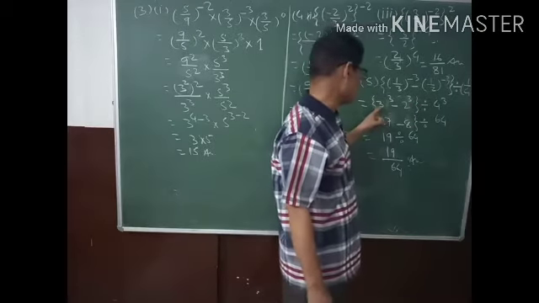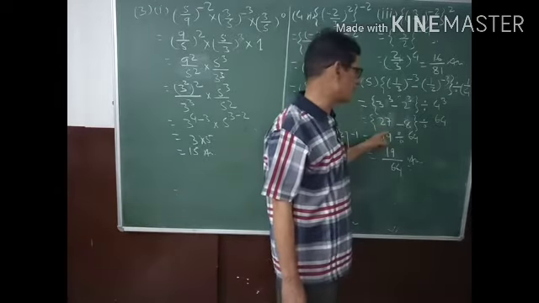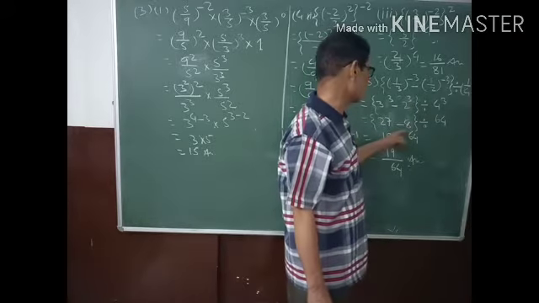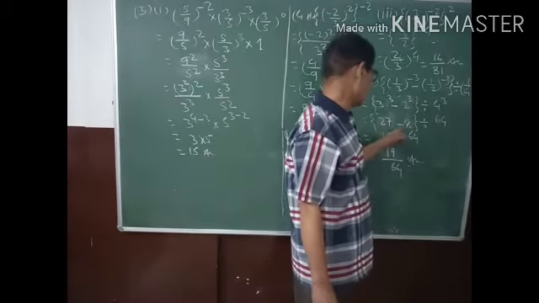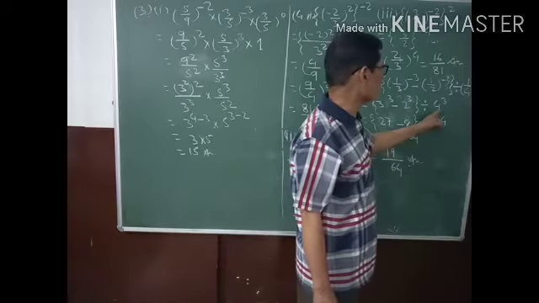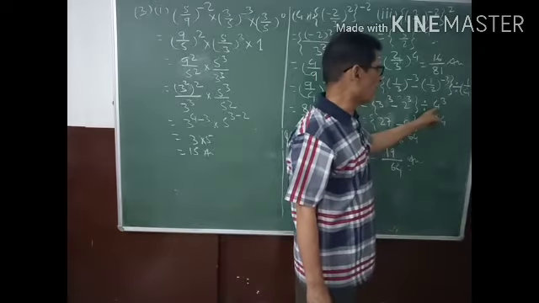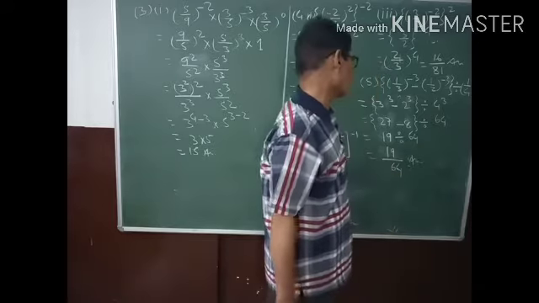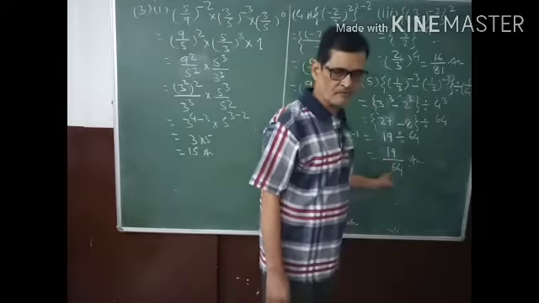This will become 3 multiplied 3 times, which is 27, and 2 multiplied 3 times, which will become 8. 27 minus 8 will become 19, and this will become 1 by 4, 4 multiplied 3 times. This will give you 64. Finally, the answer is 19 by 64.